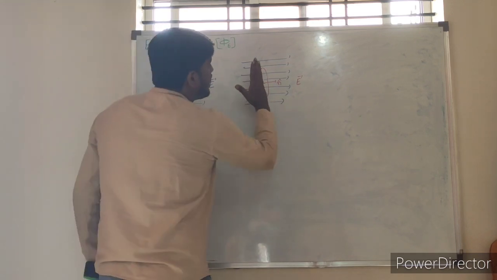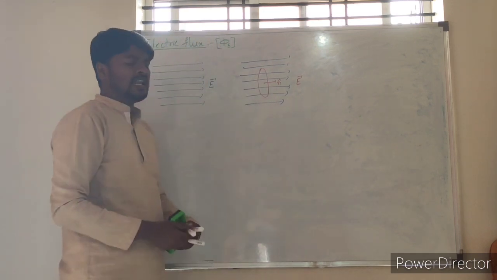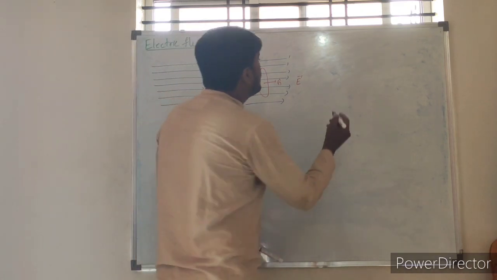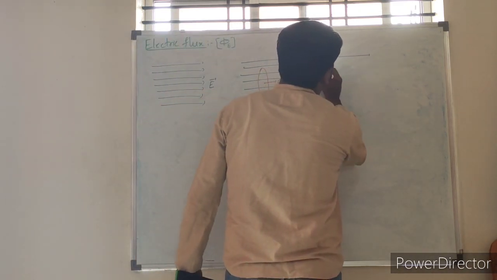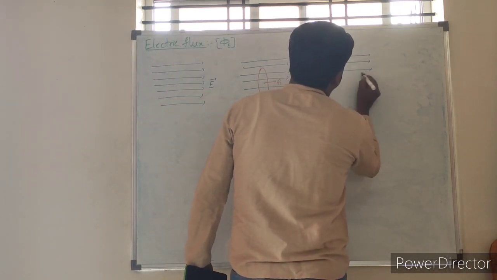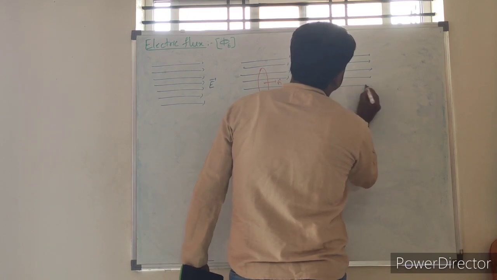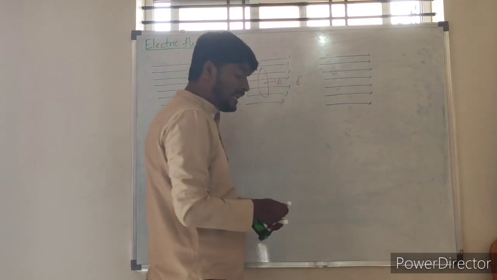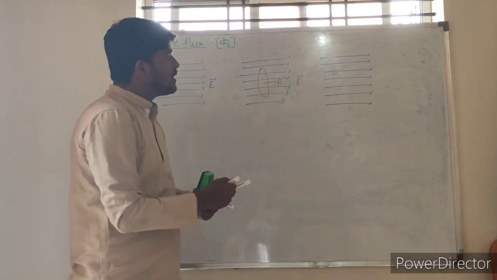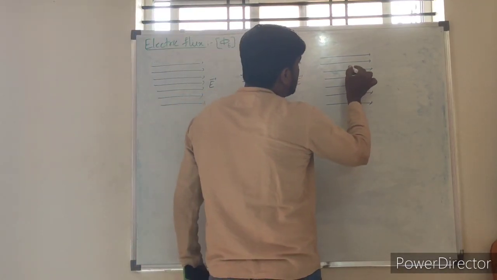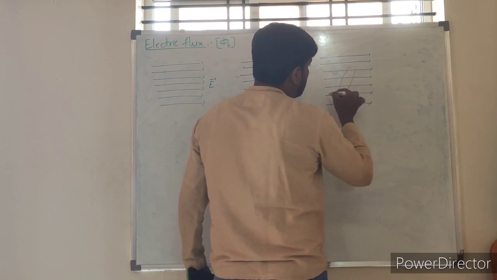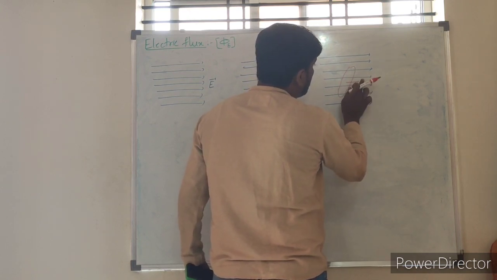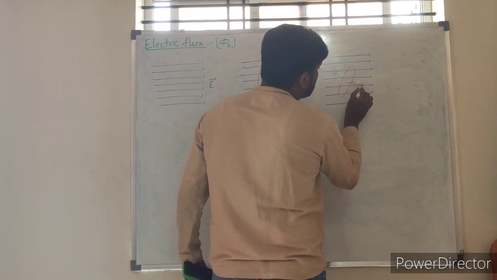Suppose I tilt the area by any angle. Let me draw one more electric line of force. So these are the electric lines of force. Suppose I draw the surface area at an angle, so now the normal changes direction like this.